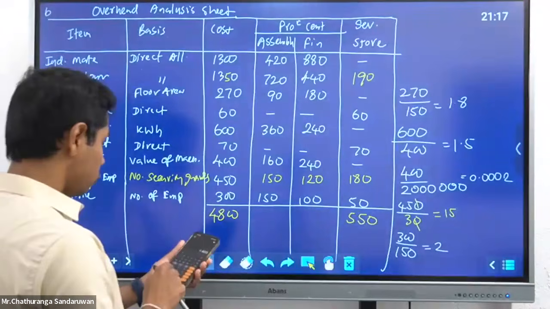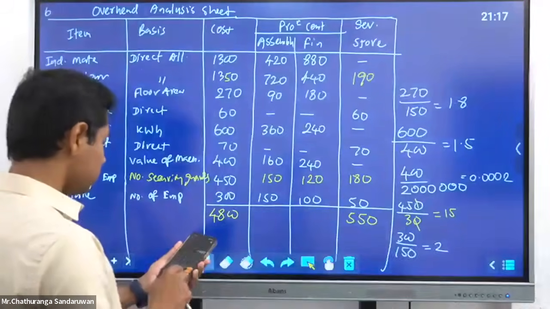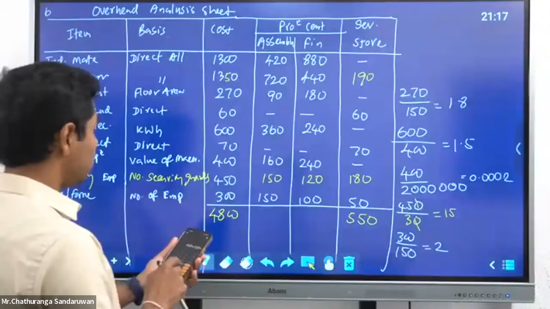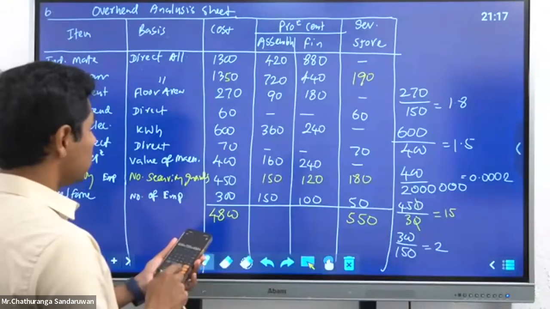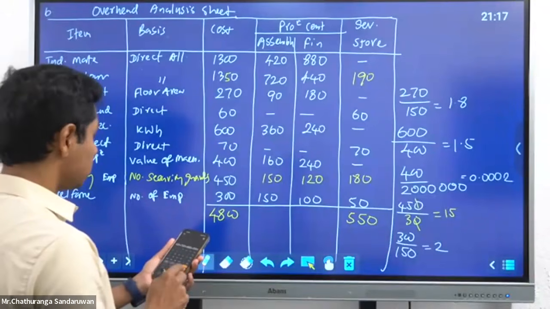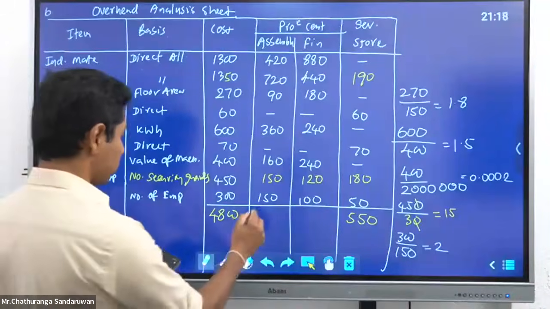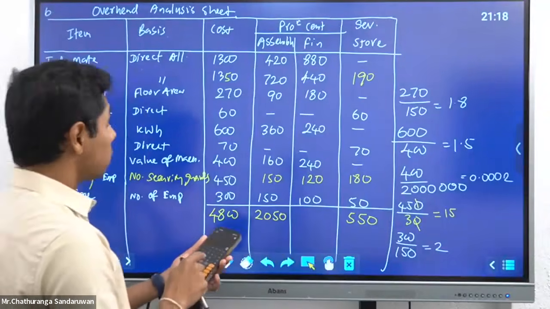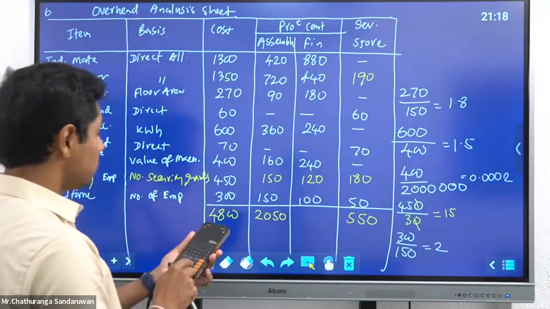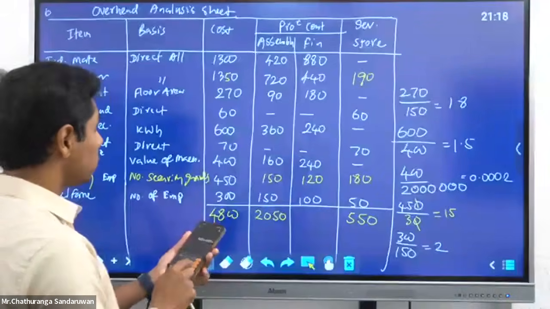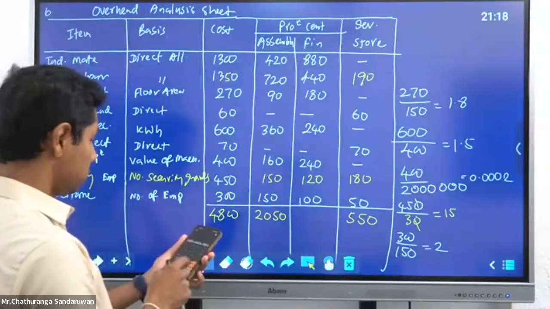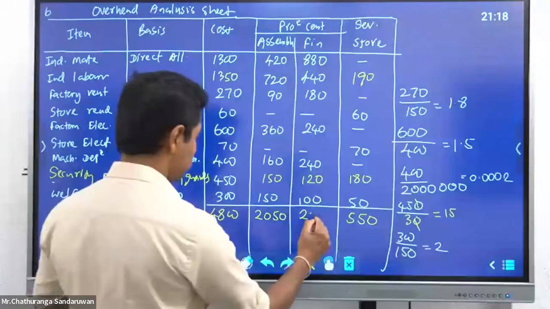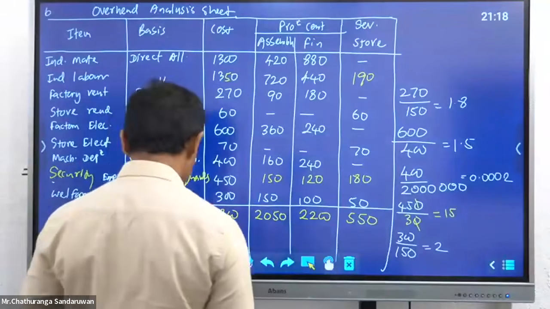And here 420 plus 720 plus, let's take 450, then 310, then 150, 2050. And here 880, 440, 180, say 480, 220, 2200. Take the totals.